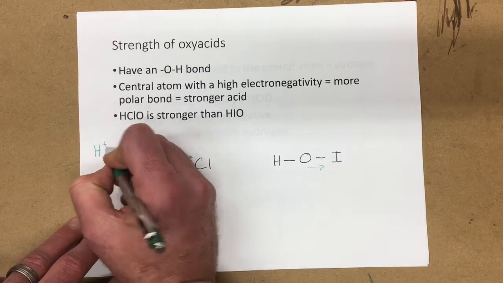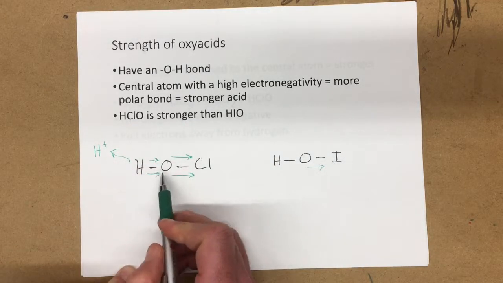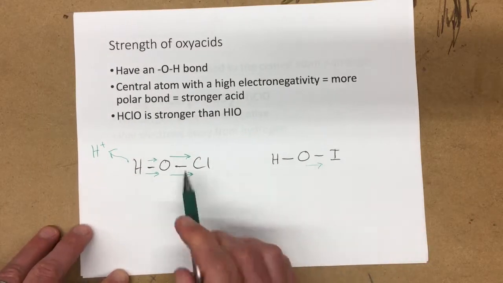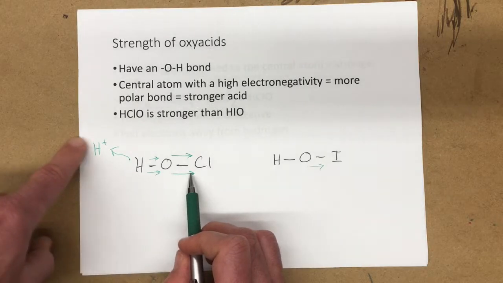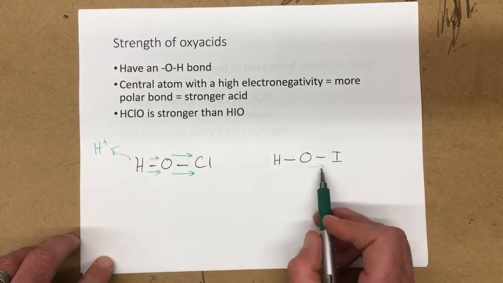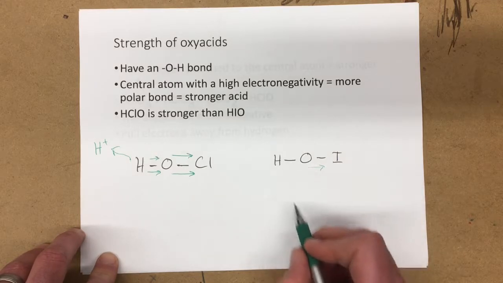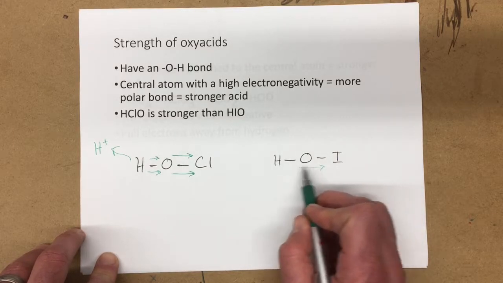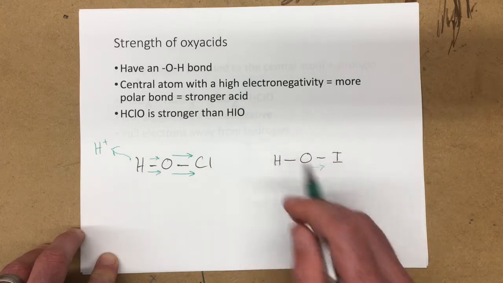When it loses that extra electron, it becomes a proton, and so this can be lost easily. And so this would be a strong acid because the chlorine with a high electronegativity pulls electrons away and therefore makes it easy for that proton to break off. Here, you don't have as much of that. So this ends up being a weaker acid because you have a stronger bond. It doesn't pull the electrons away from the hydrogen as much, and therefore a stronger bond doesn't lose those protons as easily.